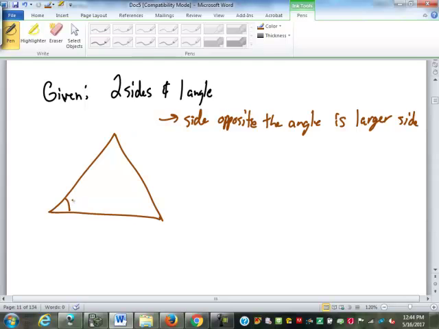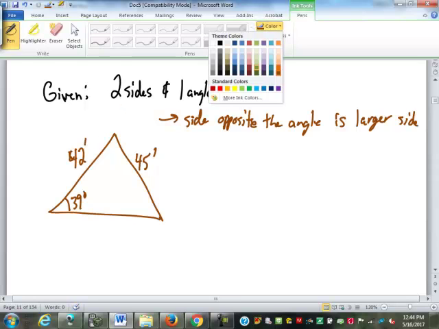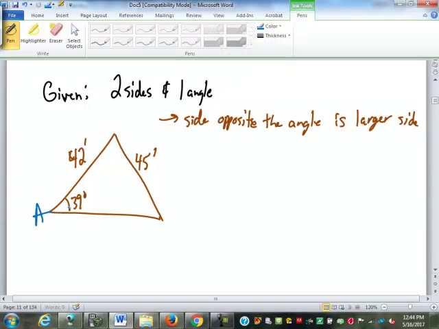So let's say this angle here is 39 degrees. This side over here is 45 feet, and this is 42 feet. Not necessarily drawn to scale, of course. So let's label A, B, C, little a, little b, little c.